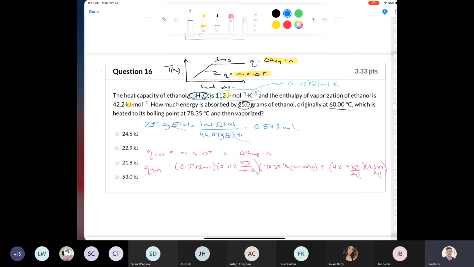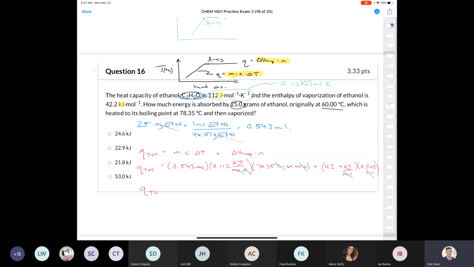Good. So if I write out my Q total, what did I get here? I ended up with 1.12 kilojoules plus 22.9 kilojoules, and my Q total is equal to 24.0 kilojoules. So that's how much energy it takes to.